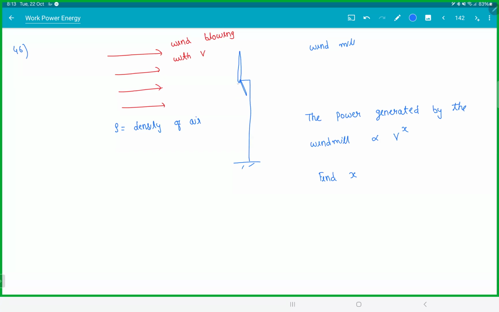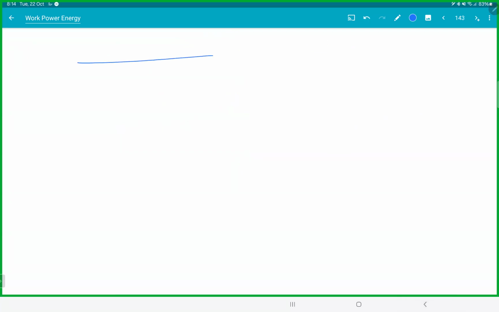See, one thing everyone knows, the faster the wind blows, the more power you get. But exactly what is the relation? Let me help you. Can I say like this?